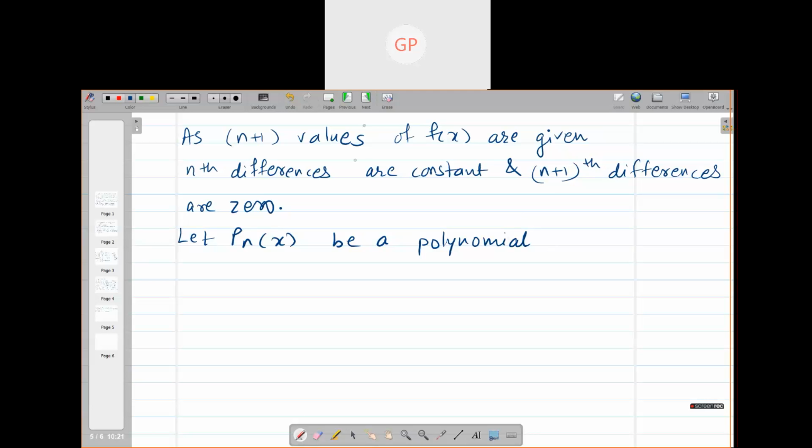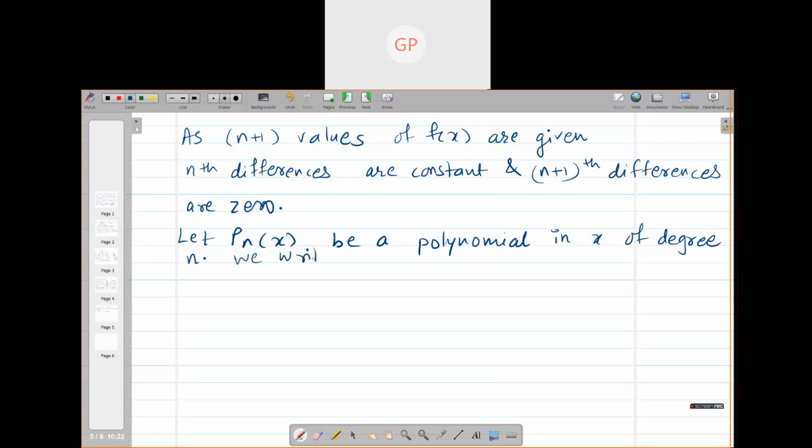Let P_n(x) be a polynomial in x of degree n. So when you have n plus 1 values, the degree of the polynomial would be n.